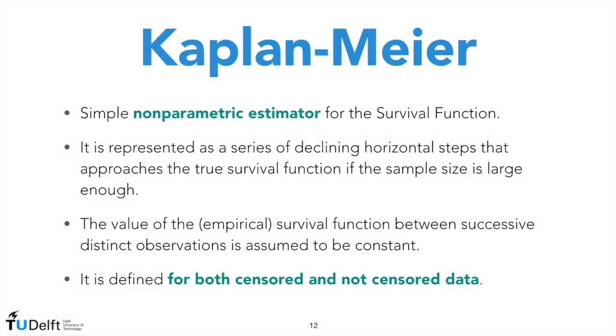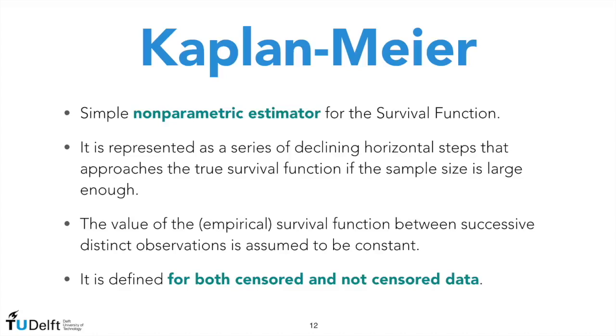Okay, let's conclude this class by saying something about a simple but fundamental tool in survival analysis. It's a non-parametric estimator, and it's the Kaplan-Meier estimator. On the course platform, you will find some extra details for the computation of this estimator using R. The Kaplan-Meier estimator is a non-parametric estimator for the survival function.